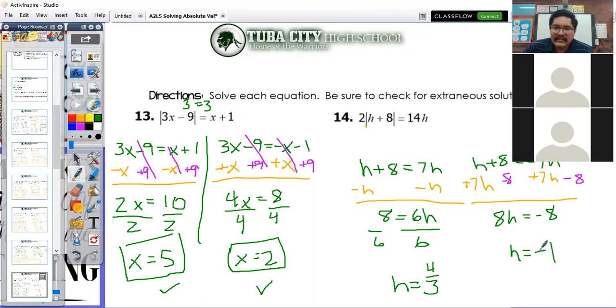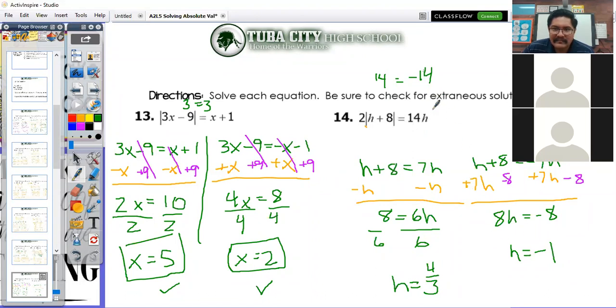Now let's check this one. Negative 1 plus 8 is 7, positive 7 after we use the absolute value. So 2 times 7 is 14. And negative 1, plug that in here. So negative 1 equals 14. You get negative 14.